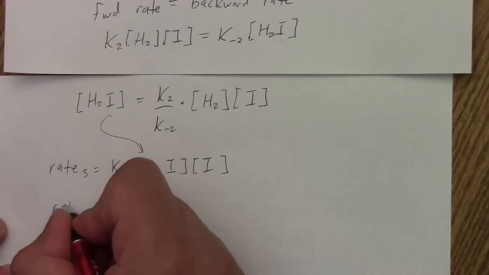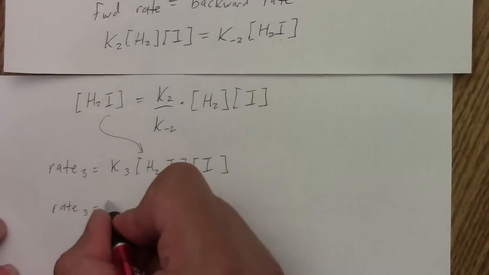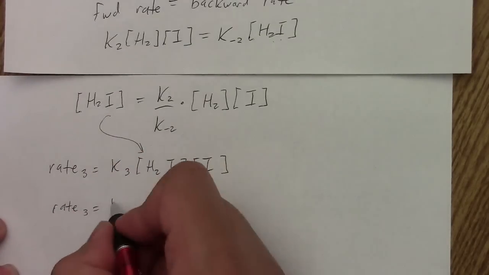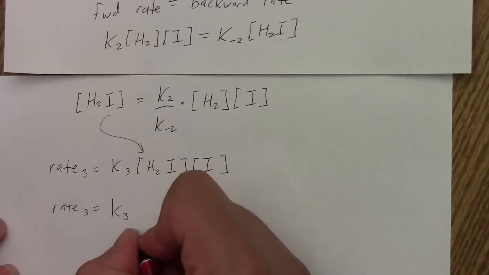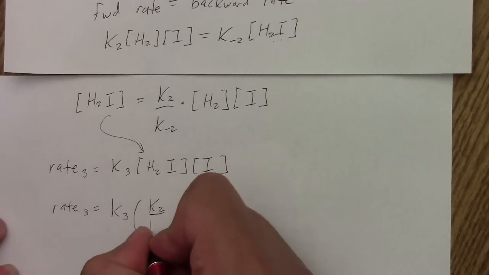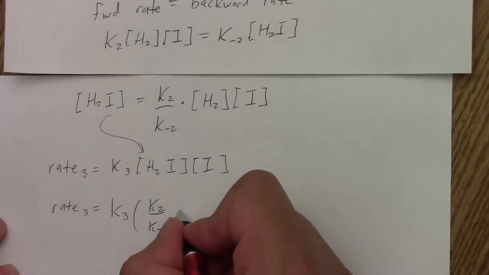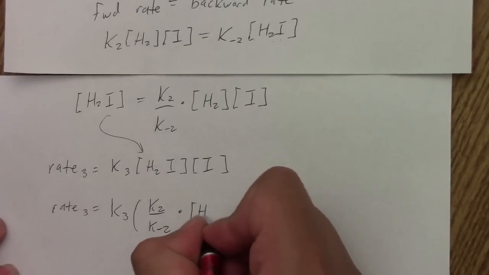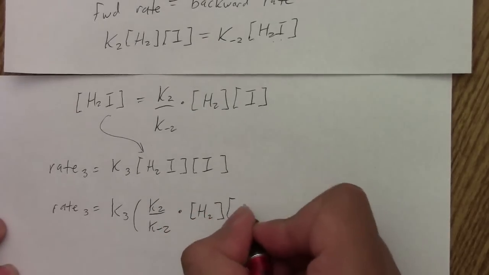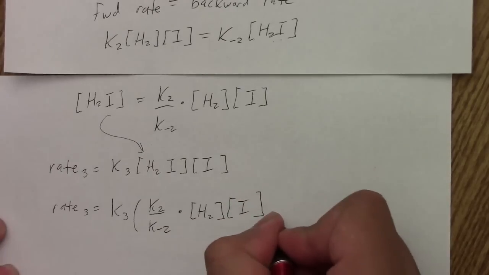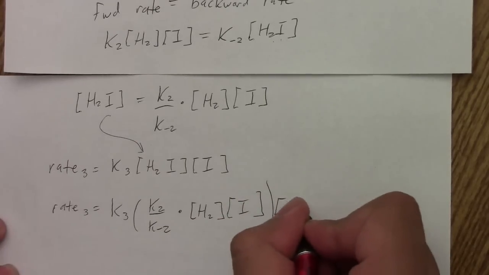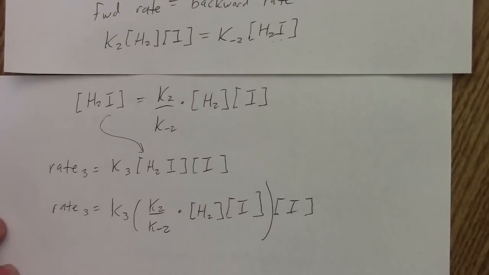Our rate 3 becomes k3 times k2 over k minus 2 times H2 times I, and we'll close our parentheses, and then we've got another I over here.